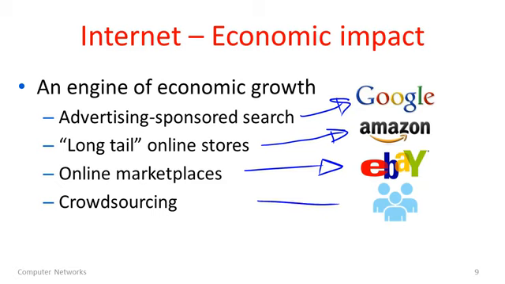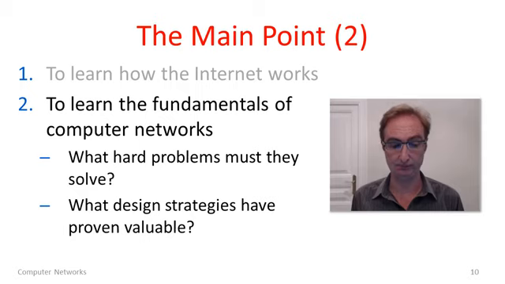And even more recently, there's a great deal of interest in crowdsourcing systems such as Amazon Mechanical Turk, which can allow many people spread in different areas to all contribute to one task in ways which really weren't possible before. So the internet is having a tremendous impact on the way we do business.